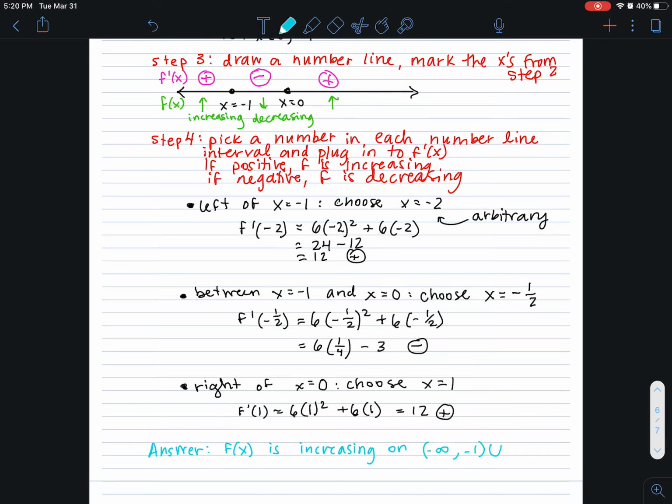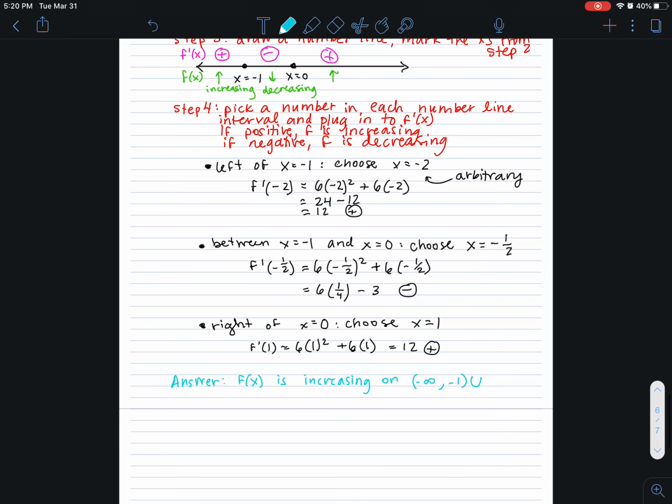And we have another area where it's increasing, so we use our little union sign. Again, that just means and. And it's increasing to the right of x equals 0. Again, we're not including 0, so we need curved brackets, or parentheses, that's what they're called. And we're going from 0 to positive infinity.